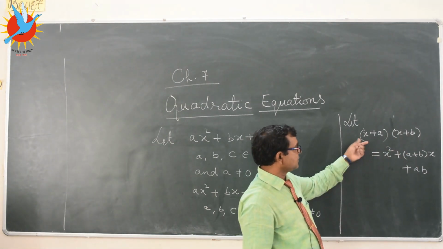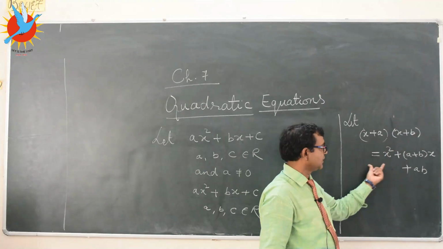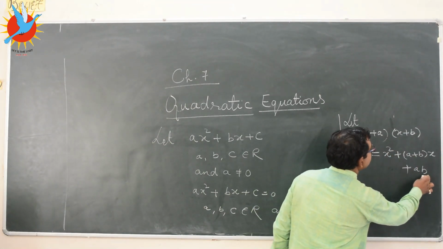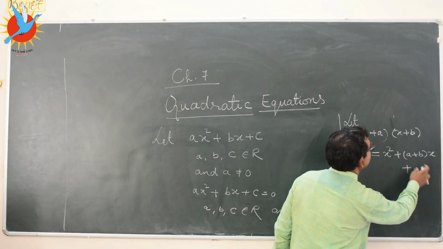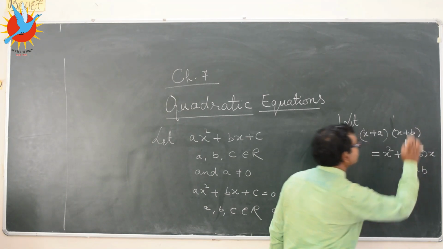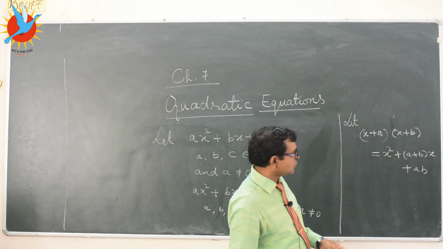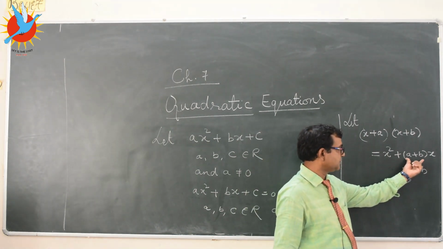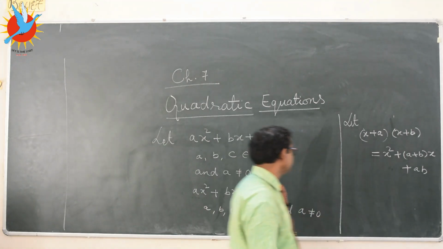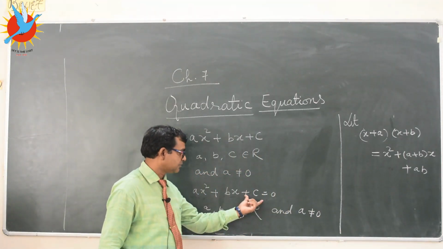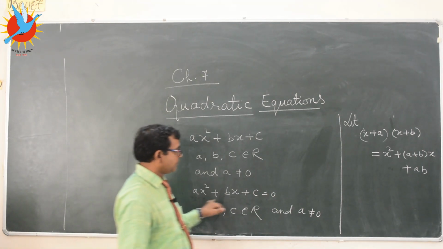You have already learned that if you multiply these two, you will get this. What you are seeing here, a into b is a constant term and a plus b multiplied by x is called the middle term. So if you know how to break this middle term, then we will be able to factorize this type of quadratic polynomial.